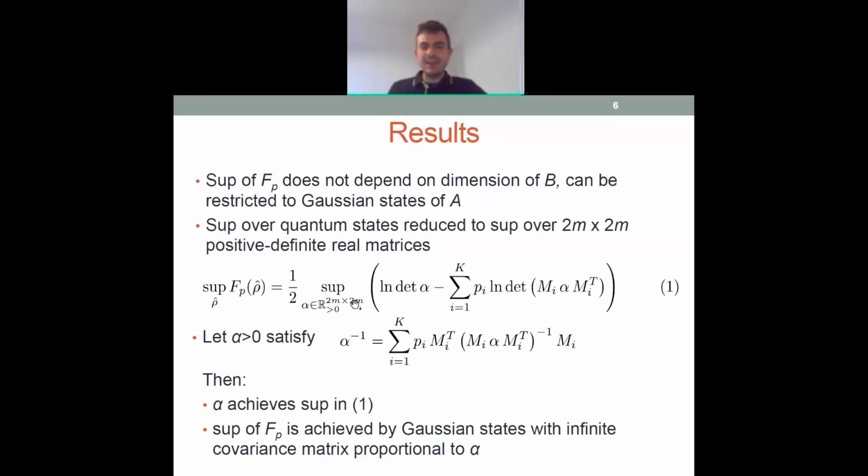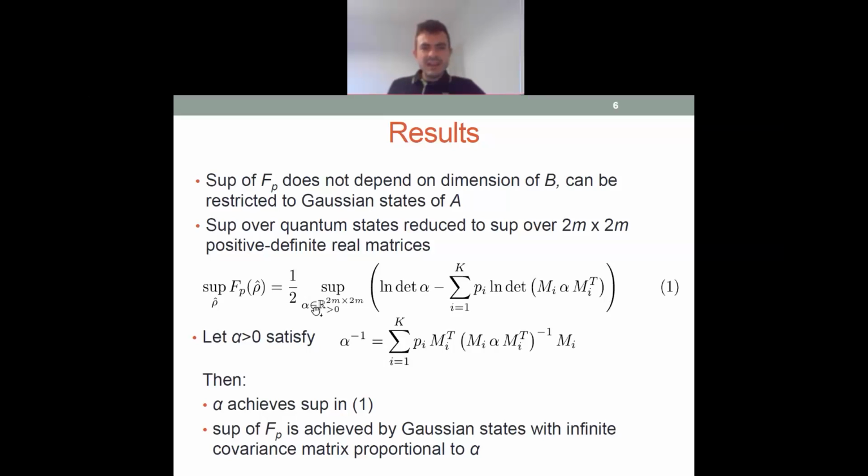And here is the function that we can maximize rather than the original function. It's quite a simple function. And I remind you that these p_i are the coefficients that appear in the linear combination, and these M_i are the matrices that define the subsystems that appear in the quantity to be maximized.